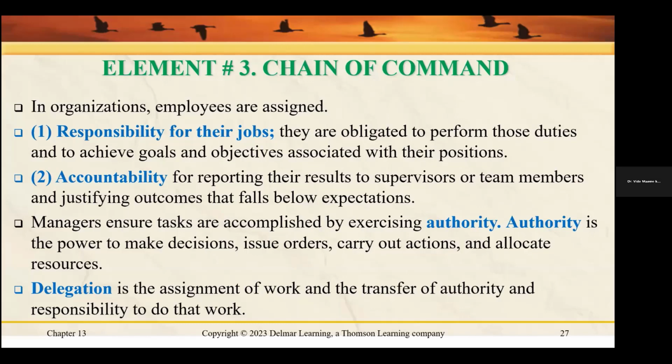Line authority is the employer-employee authority relationship that extends from the top of the organization to the lowest level of the organization, following the chain of command.